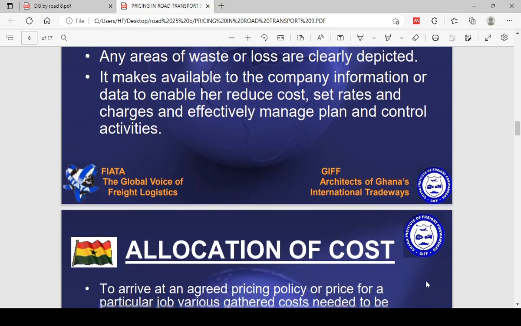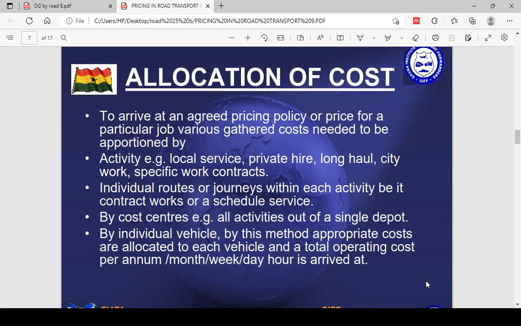So, to arrive at an agreed pricing policy or price for a particular job, the various gathered costs need to be apportioned by the activity that has been done. Is it a local service, a private hire, or a long haul, like long distance, from here to Bawku or Niger? Is it within Accra city, Tema city limit, or Kumasi city limit? Or is it a specific work contract that has been carried out? Then you cost it.